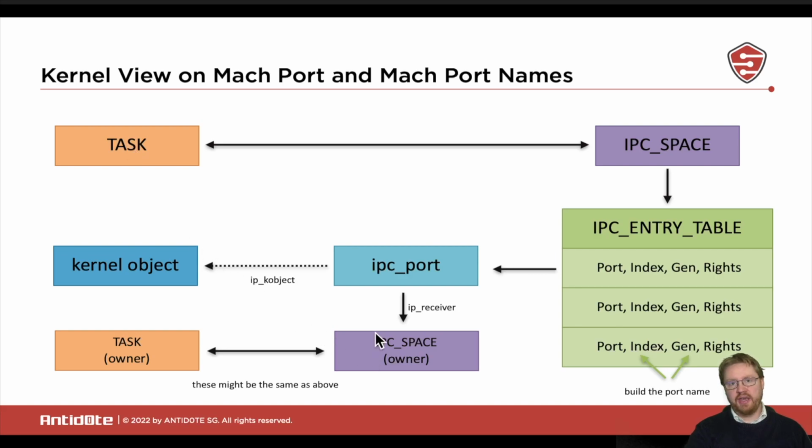So in some cases, if a port represents a kernel object, then this here will point to an actual kernel object, depending on what kind of kernel object type it is. So the IPC space, in the case of a kernel object, is the IPC space of the kernel, and in this case it also points to the kernel task.